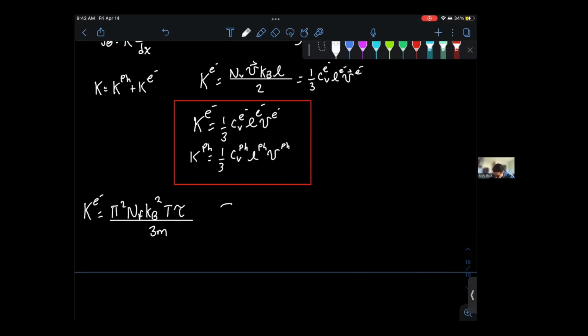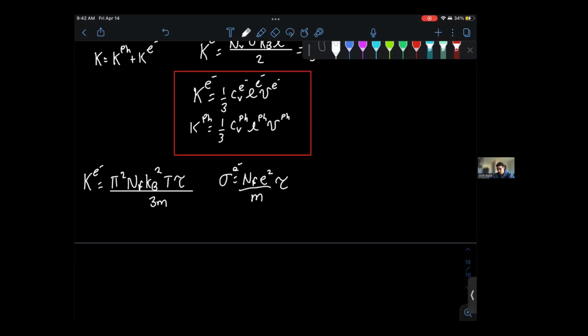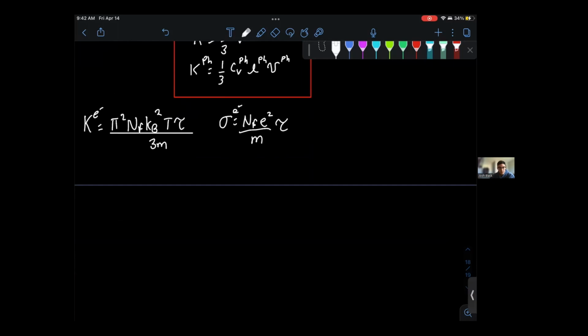When we compare this to our normal conductivity, it's equal to the number of Fermi electrons, e squared, over mass times tau. This means we can take our K over our conductivity there, and that's going to give us some constant term multiplied by our temperature.